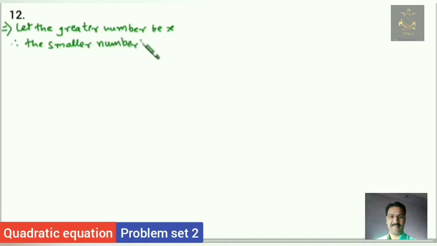Now therefore the smaller number, just listen very carefully again. What is that? The square of the smaller number is equal to twice the greater number. Greater number means 2x.